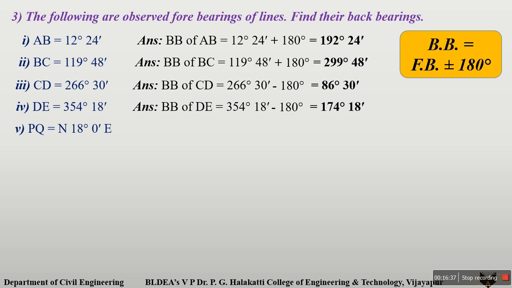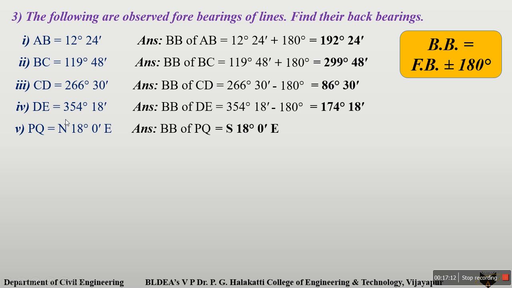Then the above first four examples are related to the WCB or whole circle bearing systems. But in the fifth one, the line PQ is equal to north 18 degree 0 minutes east side. This is in terms of quadrantal bearing systems. So in that condition, our solution is back bearing of PQ is equal to, you can directly write south 18 degree 0 minutes west.